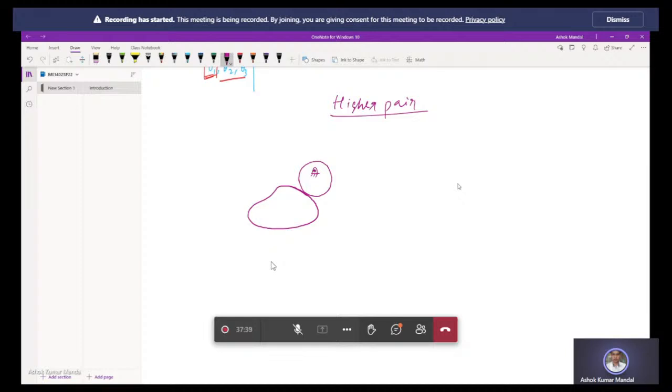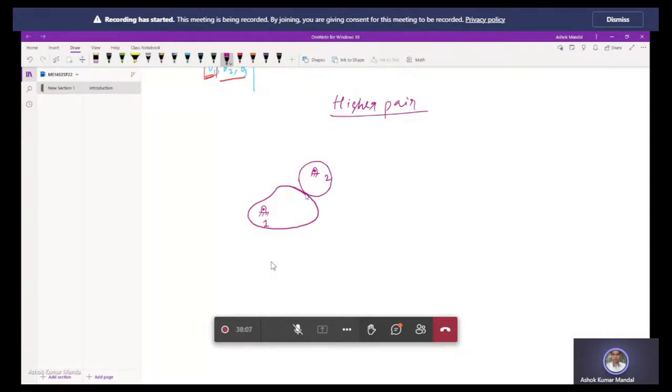Suppose this is a hinge point on one link, and this is another hinge point on the other link. So this is our link 1 and this is link 2. This joint is a higher pair because, for this drawing, there is a point contact.